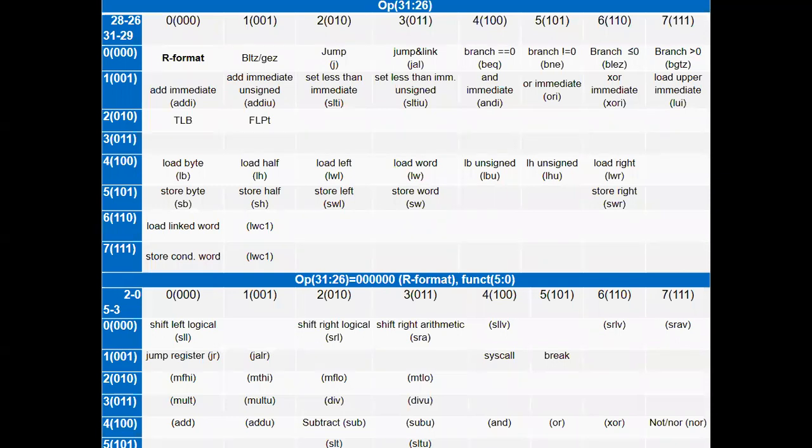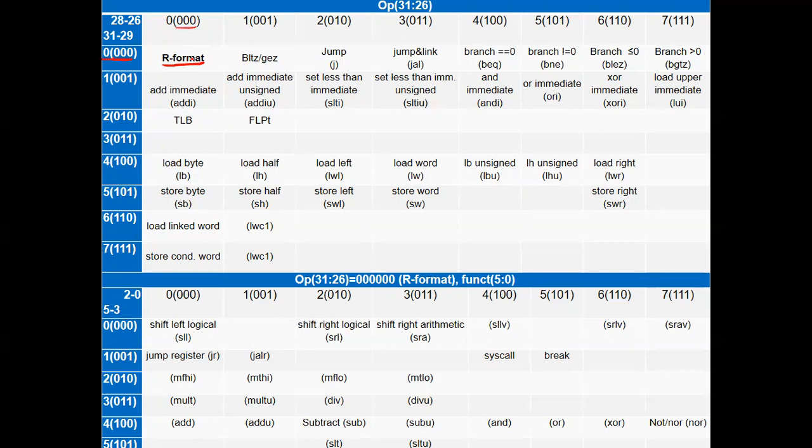You can see that if your instruction is an R format, then you will have bits 26, 27, 28, 29, 30, and 31 this way. You have 3 bits in the row indicating 29, 30, and 31, and 3 bits in the column indicating from 26 to 28.